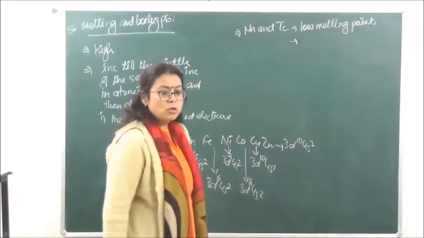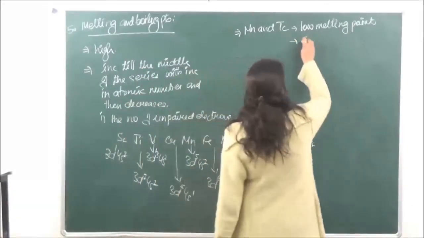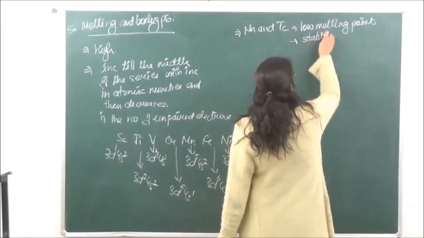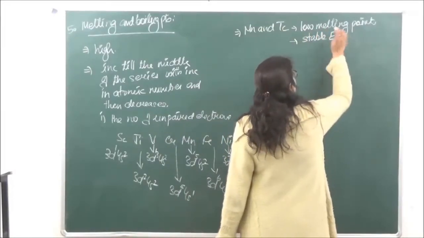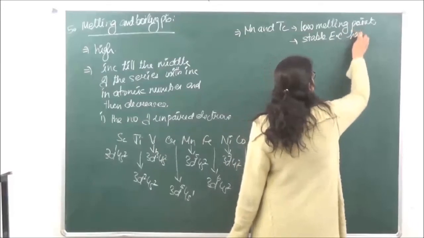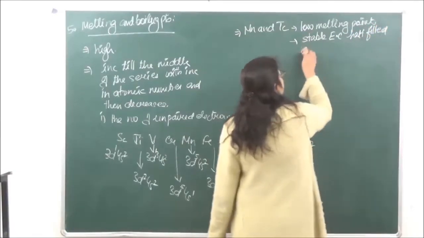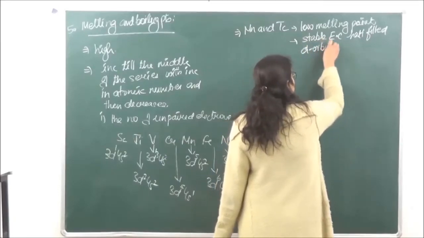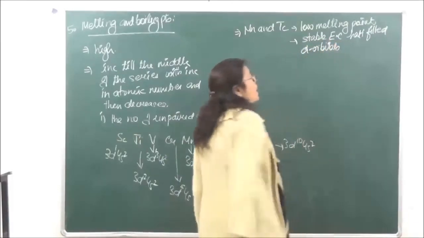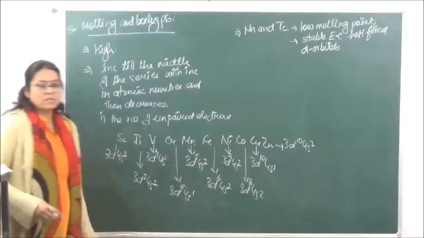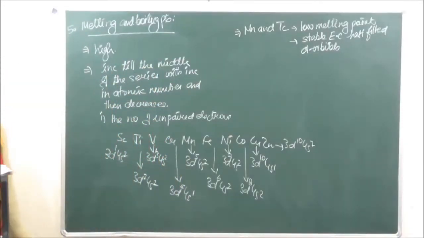It is due to the stable electronic configuration with half-filled d orbitals. ठीक है, समझ में आ गया? So ये यहाँ पे anomalous behavior show करता है.